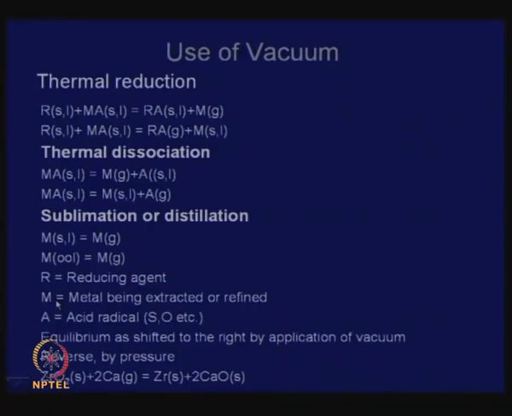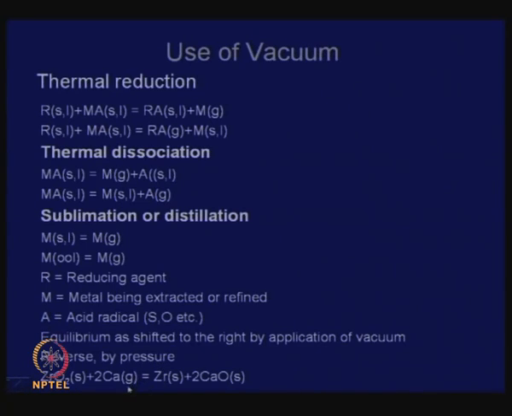There can be a reverse thing also, like consider reduction of zirconium dioxide by calcium. This can be achieved by gaseous calcium reducing solid zirconia to produce zirconium solid and 2 calcium oxide solid.